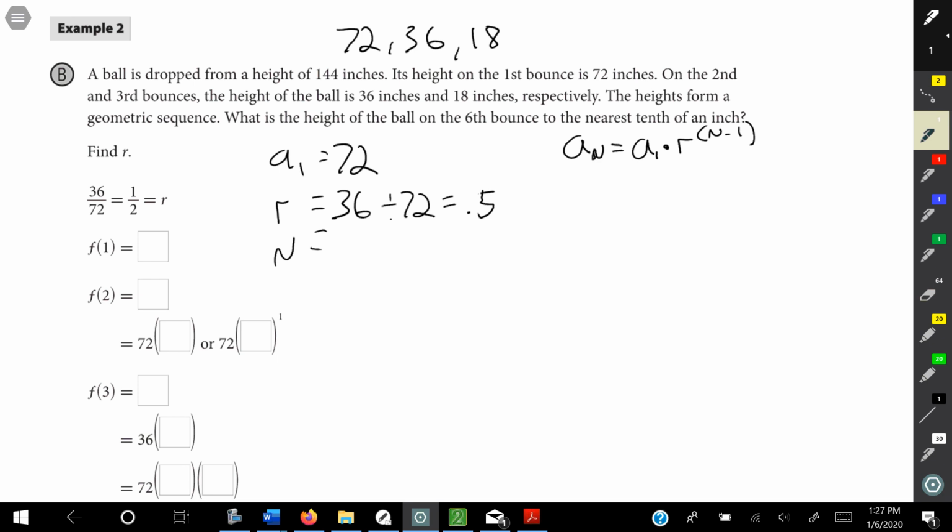And then the nth term is the number we're looking for. It says, what is the height of the ball on the sixth bounce to the nearest tenth of an inch? So the nth term is 6.